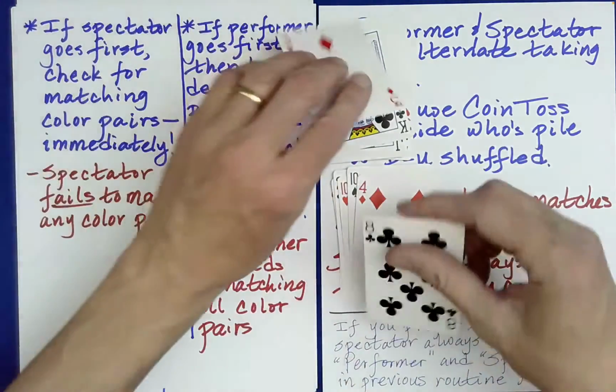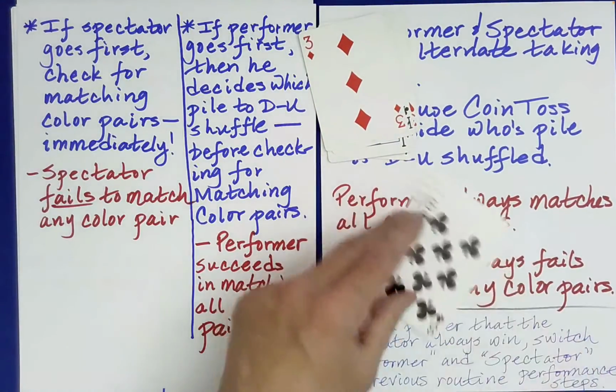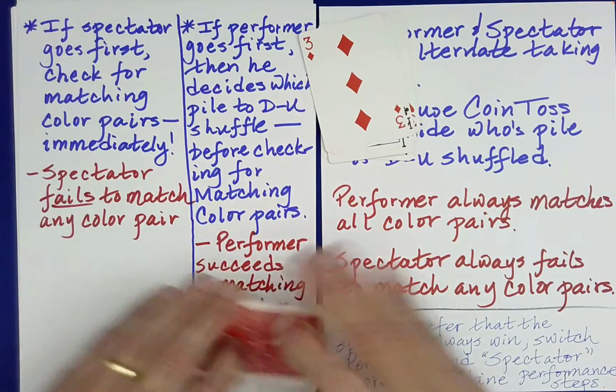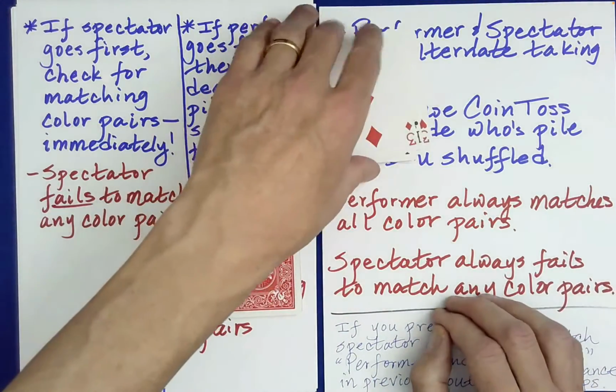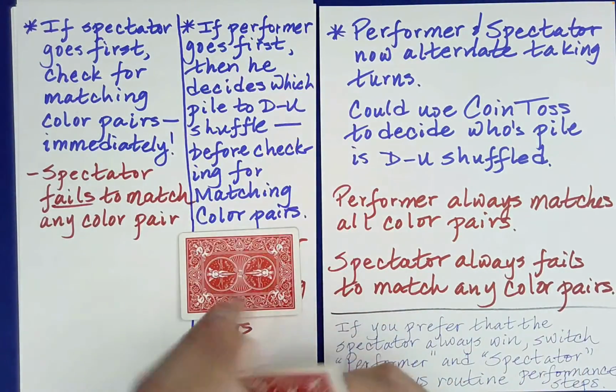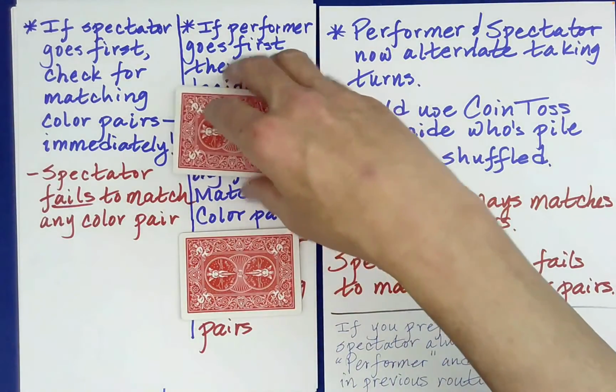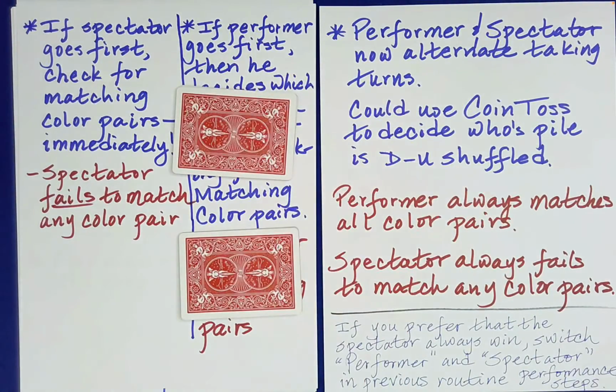Now, another way to do all of this, just so you know, if you prefer to have you as the performer lose every time, and that's actually not a bad option, to have the spectator feeling pretty good about themselves, so to set it up in such a way that they always win. So you just have to flip things at the beginning.